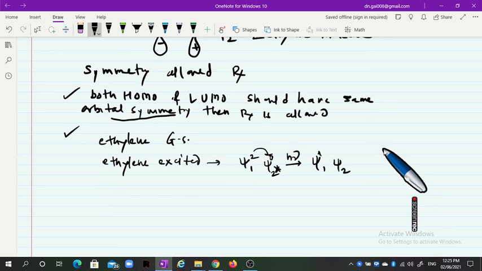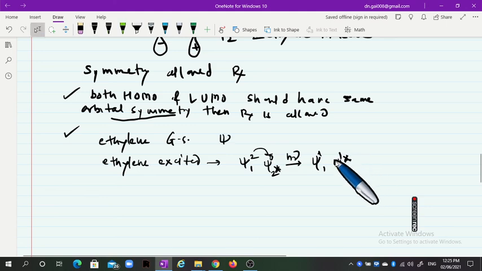One electron is in Psi2 star. In the ground state, Psi1 has 2 electrons and Psi2 star has no electron.